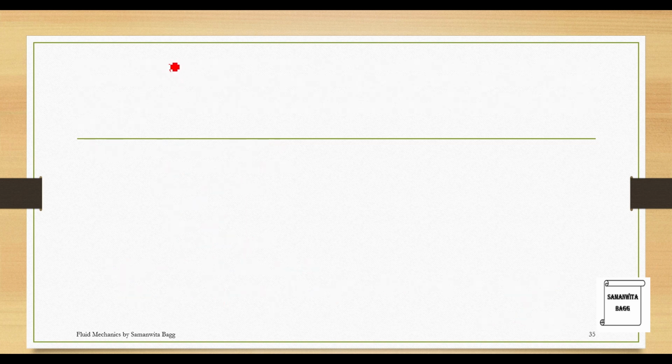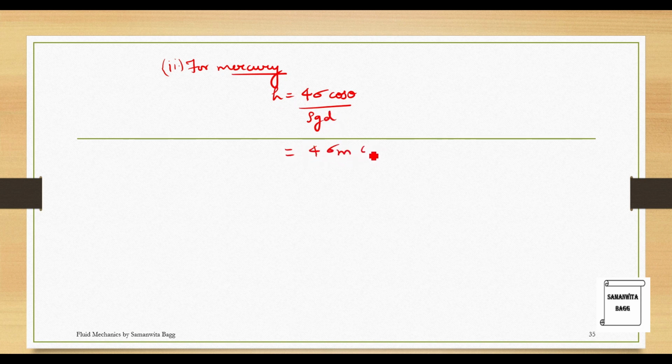Next I'll solve for mercury. When I solve for mercury, the formula is again 4 sigma cos theta upon rho GD. This will become sigma for mercury, cos of 130 degree, rho of mercury, G and D. Now just be careful when you are solving here.